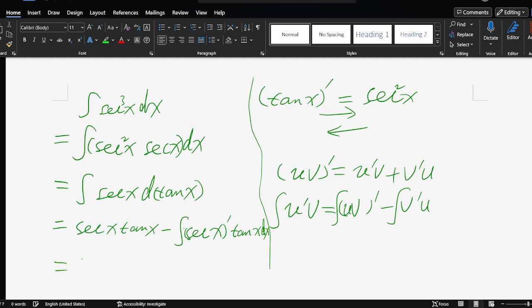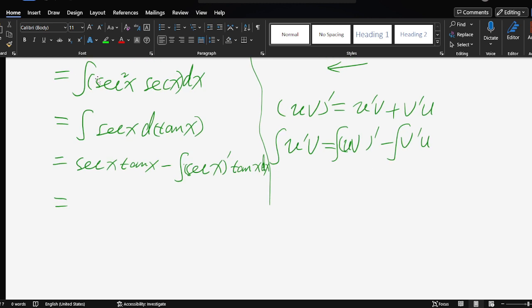Okay, so here again, secant x times tangent x. So minus. So here, secant x take derivative. There's another formula.